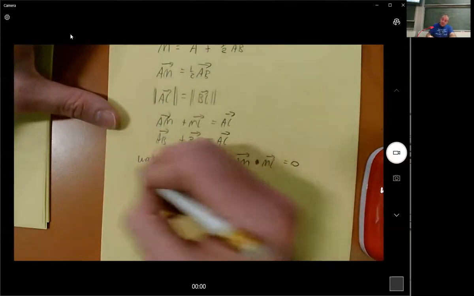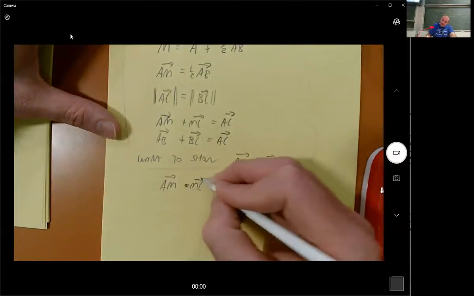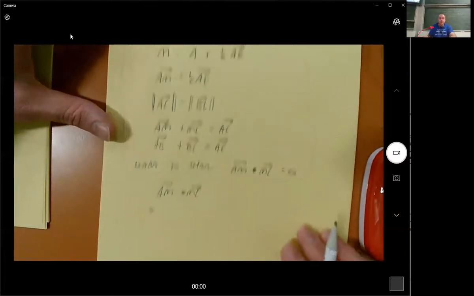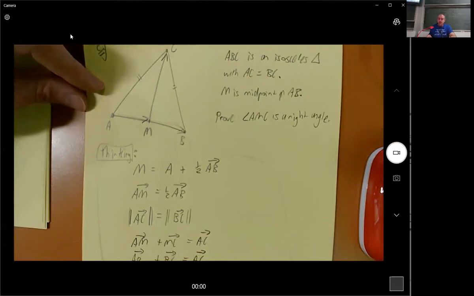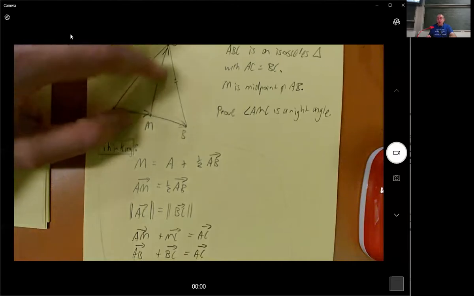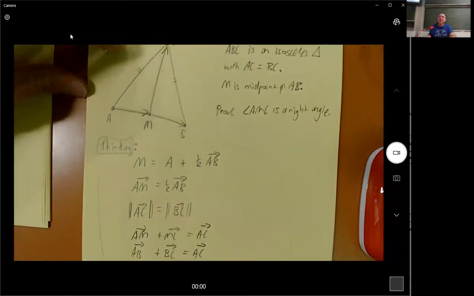AM dot with MC. Somehow I have to show this is 0, right? So if I could build this out of stuff that would cancel out, that'd be good.